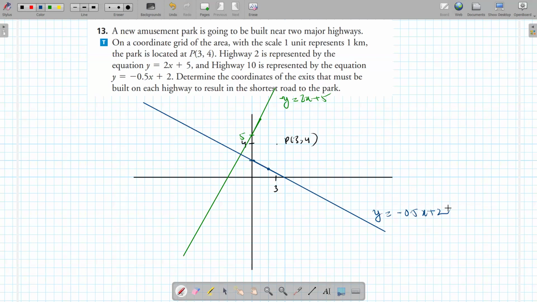We're trying to find some coordinate here. I don't know where it's going to be, but we're trying to find some coordinate here. If it's the shortest distance, what's going to be the angle? 90 degrees. So we need to find this point here. And similarly, we need to find this point here.